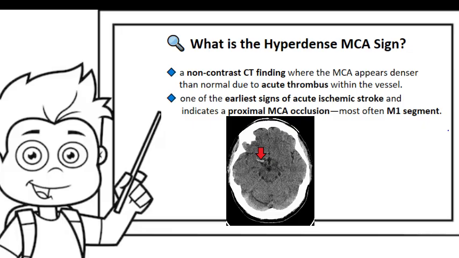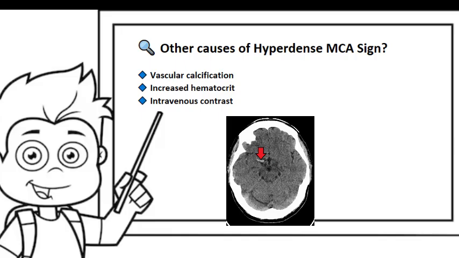If you see this sign on imaging, it should raise suspicion for a thromboembolic event like an embolism from the heart or other large artery. It is important to differentiate this from other possible causes of hyperdensity in the middle cerebral artery. Other possible causes include 1. Vascular calcification, 2. An increased hematocrit, and 3. IV contrast.